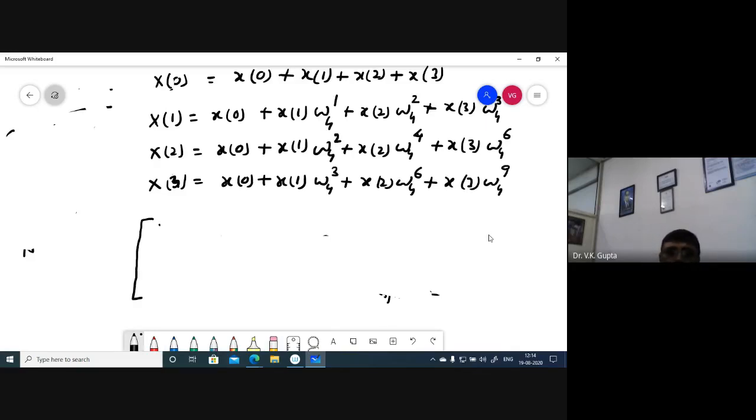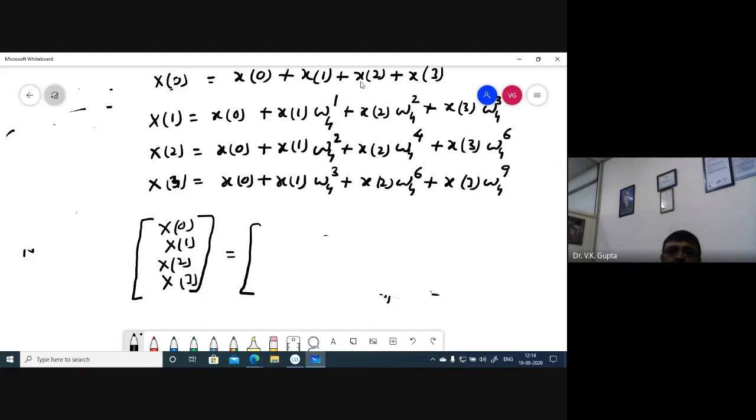We have 4 outputs X0, X1, X2, X3, and we can write one matrix here. In the first row, the coefficients are 1, 1, 1, 1. In the second, the coefficients are 1, W41, W42, W43.